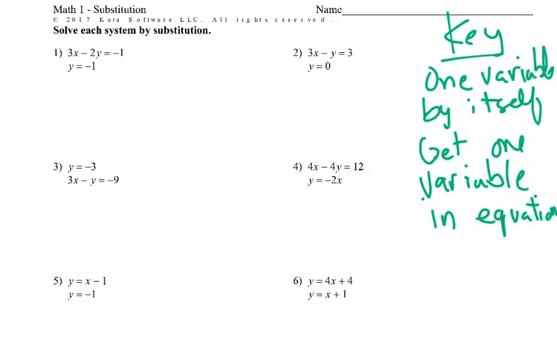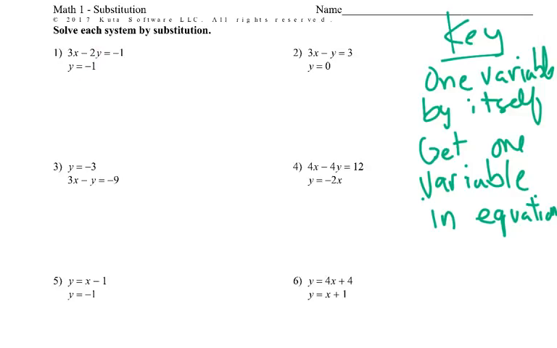So these ones are fairly simple in that you can see we've already got one variable, y, by itself. That makes it a lot easier. We don't have to do that. So then I look at this and say, okay, y is equal to -1. So y is the same thing as -1. So I can take that and replace the y, or substitute in -1 for the y.